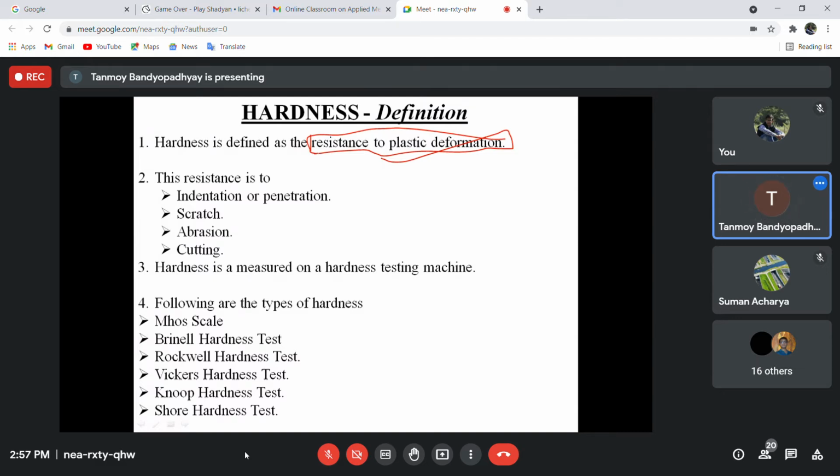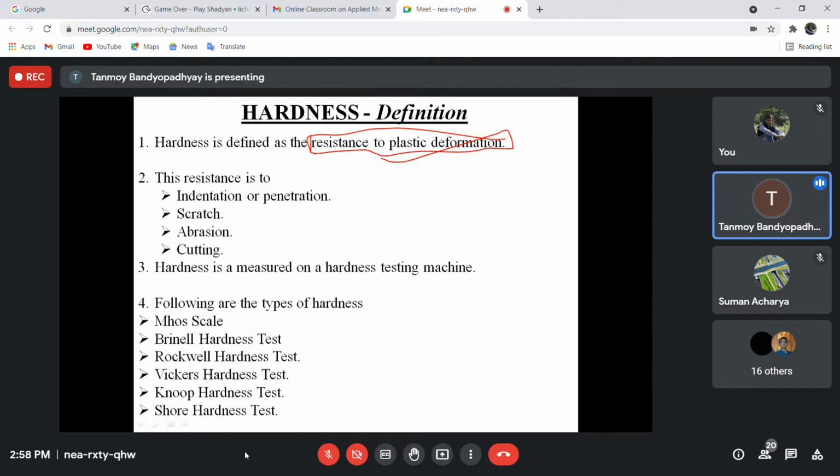Okay. The resistance can be of many types. Indentation or penetration: whenever it penetrates the surface, it is moving across the depth, so you have the indentation or penetration resistance of the material. You can have scratching on the material, as with grinding wheels.